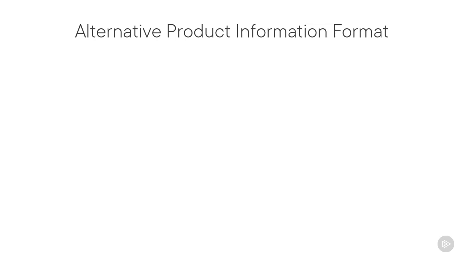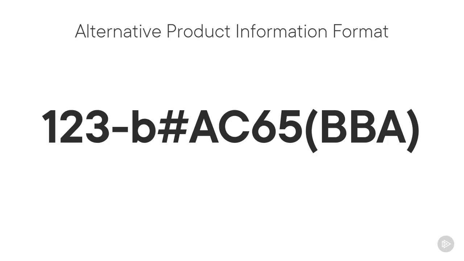Some data in our historical files may include an alternative format for the product information. Here is an example. The product information begins, as usual, with numeric digits for the sales code, followed by a hyphen. Following the hyphen separator, there is an extra prefix formed of a lowercase letter and a hash.